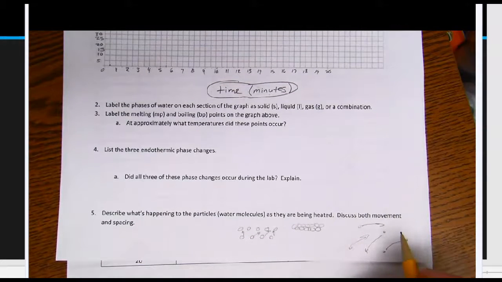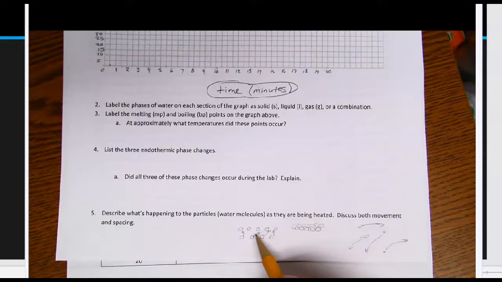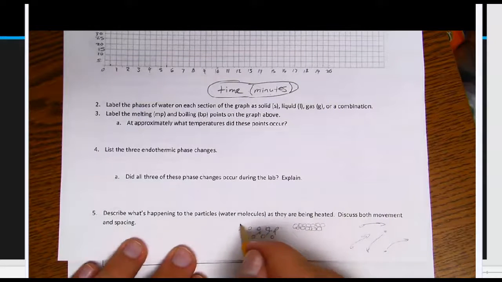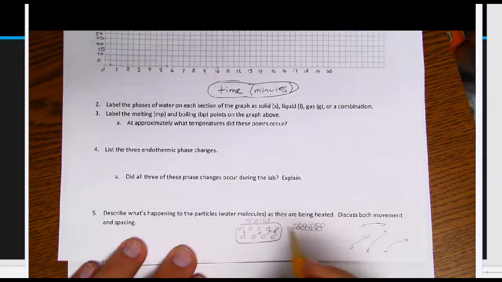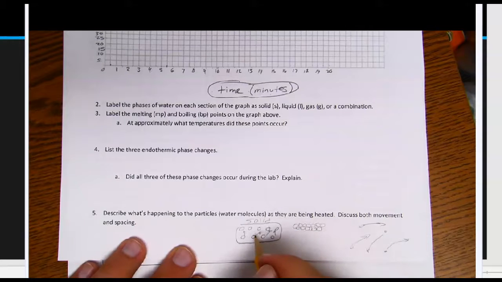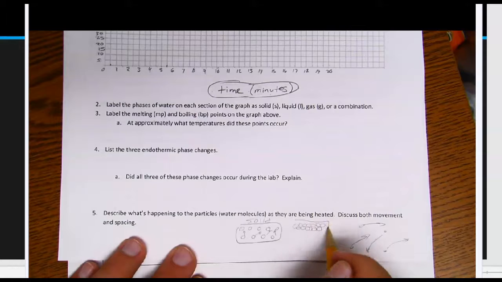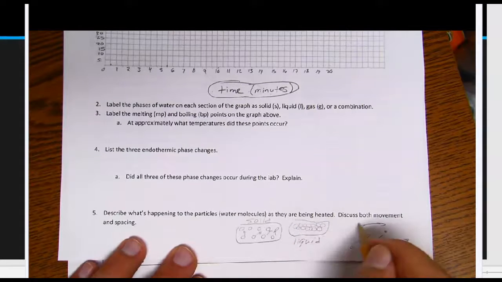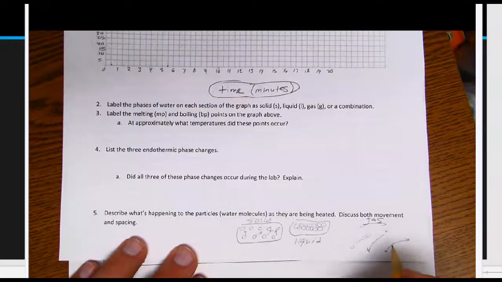Now, however, water's a little different. As you know, ice floats, which means ice is less dense than the water. So this is actually the solid, and this only applies to water. The rest is opposite. This would be solid. But since water is very unique, this is the liquid, and this is the gas up here.